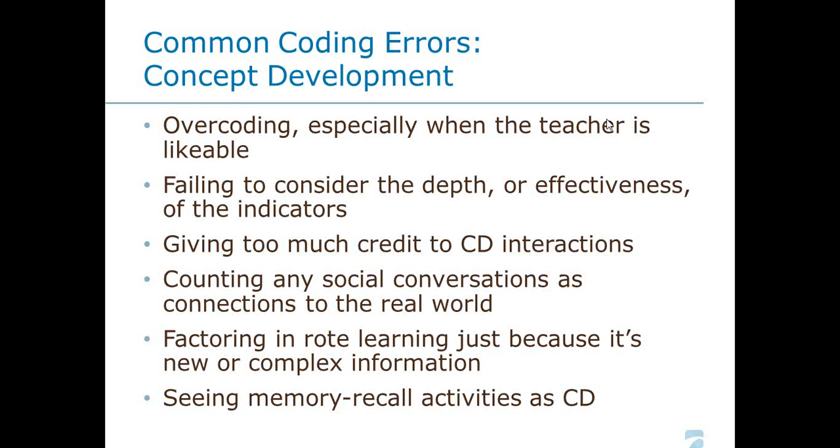So we need to think about depth, whether the teacher gives the children time to think and answer. Depth may have to do with the difficulty level of the questions, how much she pushes the children to think, and whether her efforts result in any new connections being made. So how much is she pushing them to think, and is she getting results? Okay. The depth of CD indicators is also evidenced through teacher intentionality.